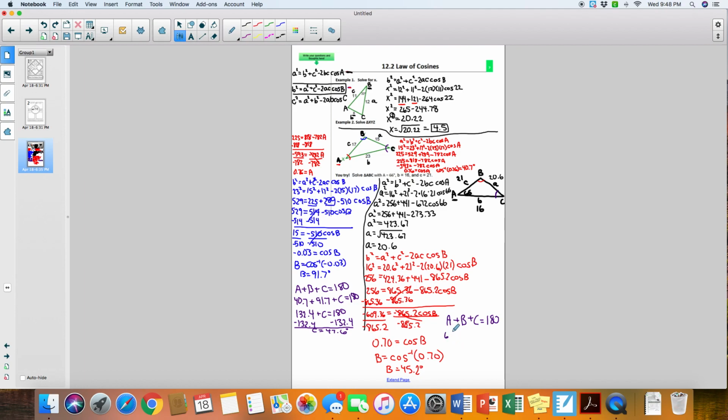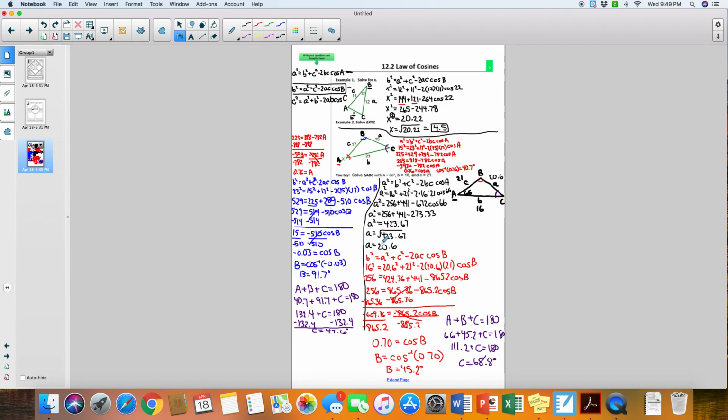Angle A we know to be 66, angle B we know to be 45.2, and angle C is what we're looking for. 66 plus 45.2 would give me 111.2. Then I would subtract 111.2 on both sides to get 68.8 degrees.